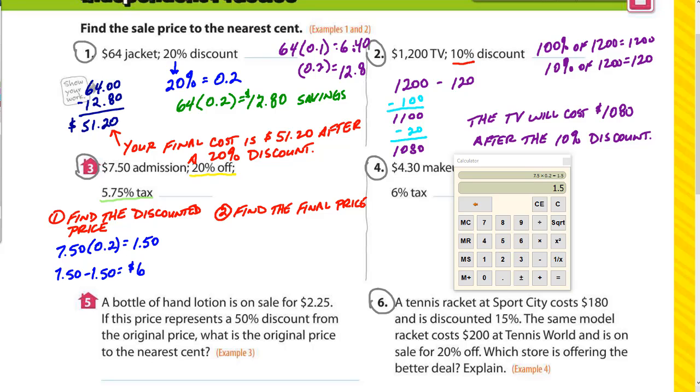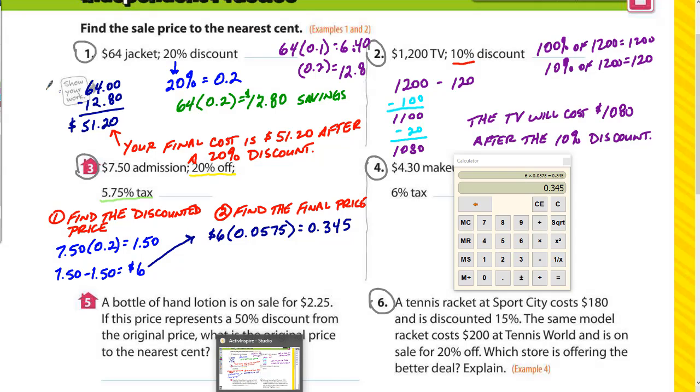To find the final price, we need to take the discounted price, the $6, and multiply it by the tax, which we're going to turn into a decimal. So 6 times 0.0575, and that is 0.345.